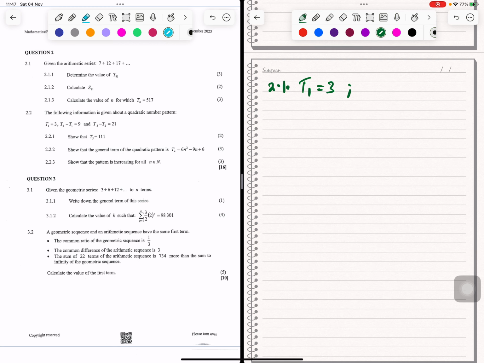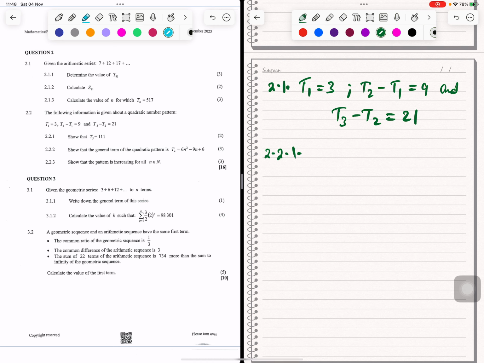You're also given that the difference between the first two terms, which is T2 take away T1, is going to give you 9. And the difference between the third and the second, which is T3 take away T2, is equal to 21. Okay, that you are given.